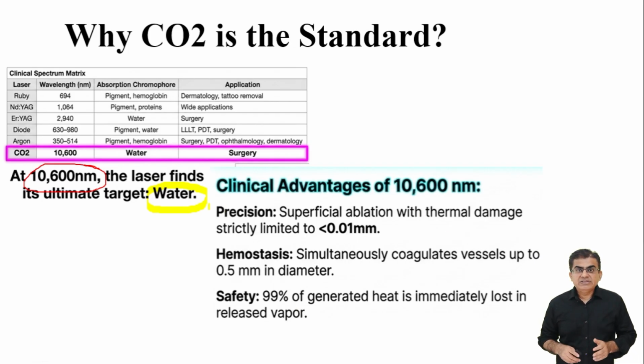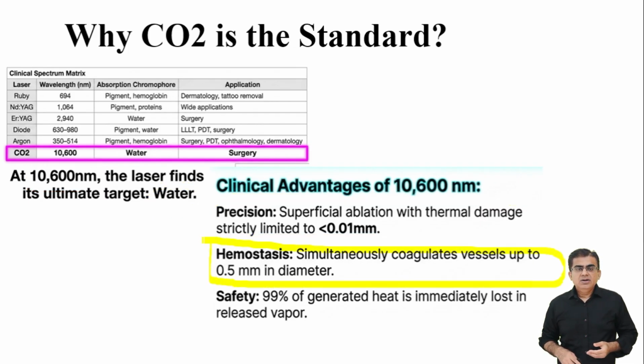First is ultimate precision. The tissue destruction is purely superficial. Collateral thermal damage is strictly limited to less than 0.01 millimeter. Second is simultaneous hemostasis. While it cuts, the laser beam automatically seals small blood vessels up to 0.5 millimeter in diameter.